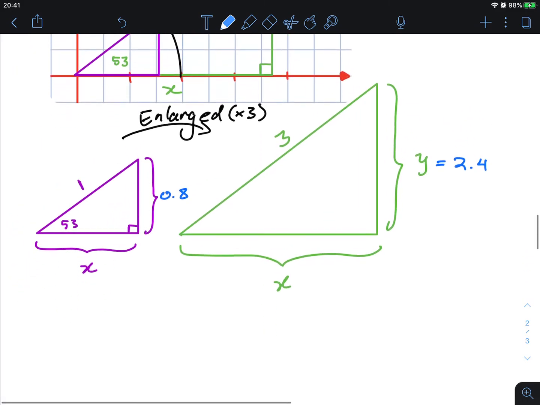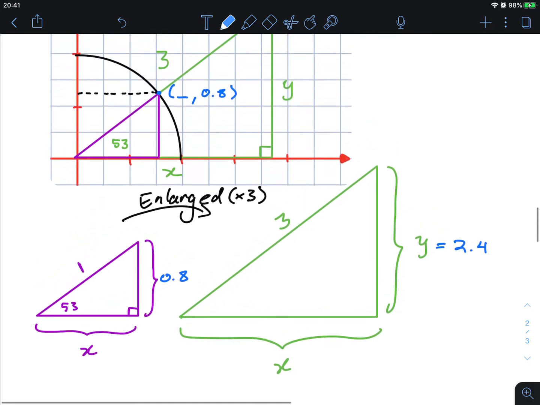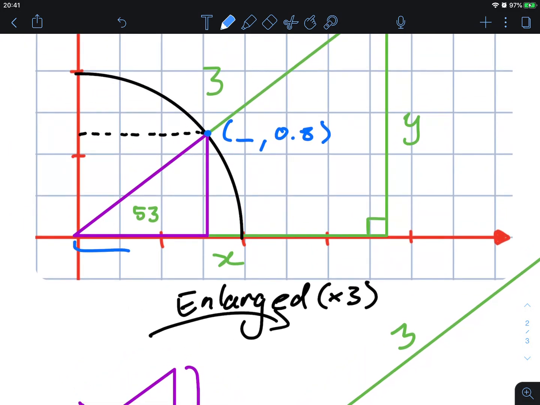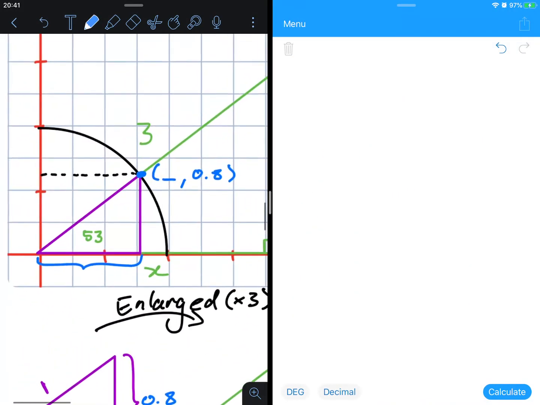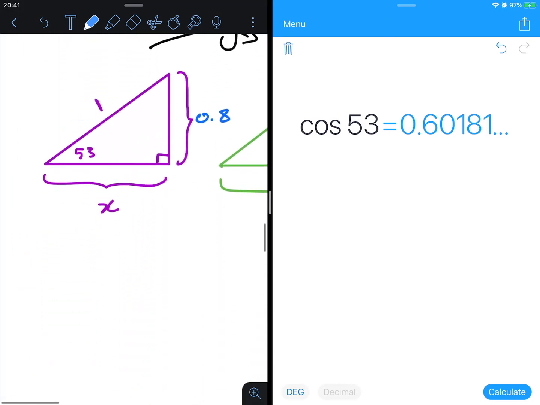Okay. Well, let's do the same process for this x value. Now remember, this x value here corresponds to the coordinate of this one. Well, we can find what that is. That's cosine of 53, sorry, cos of 53 to the adjacent side is 0.6018.